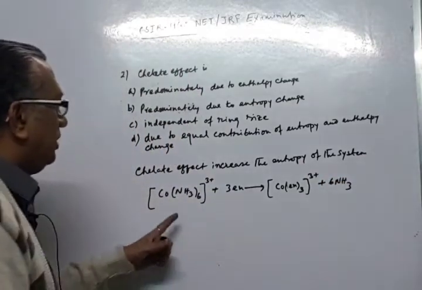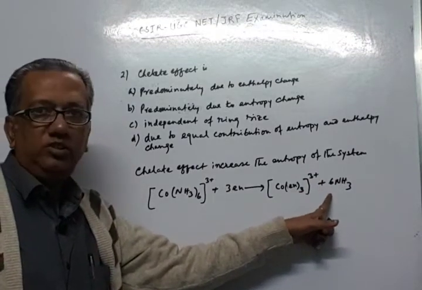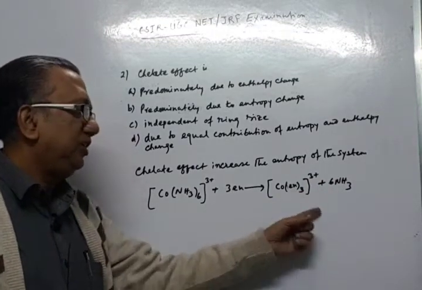So here after the reaction, the number of ammonia molecules is increasing, so entropy is increasing.